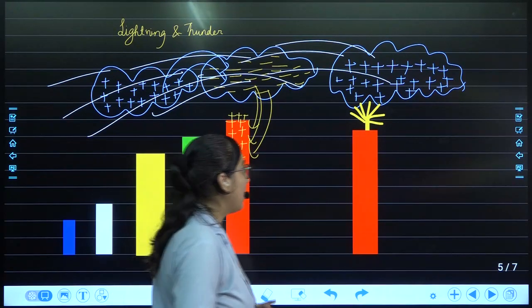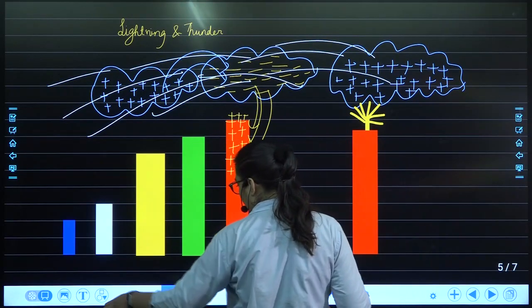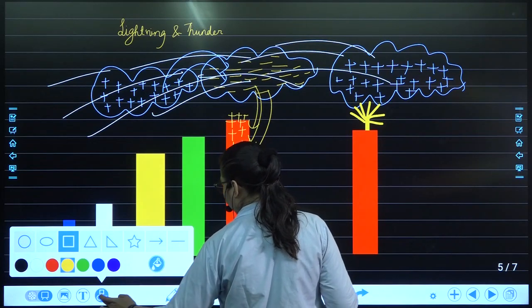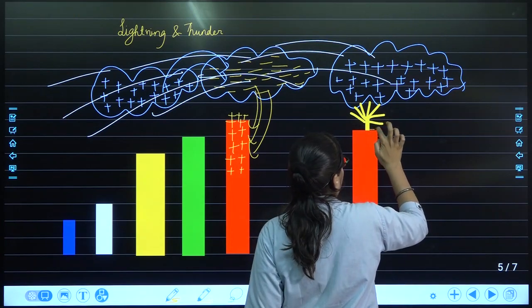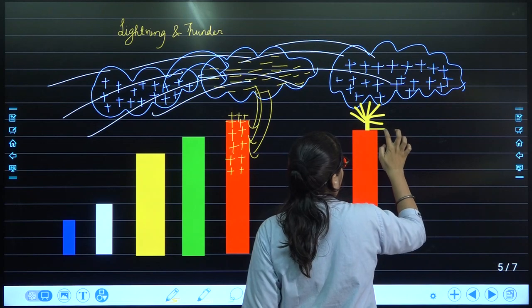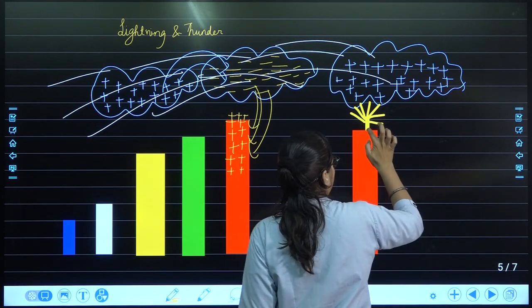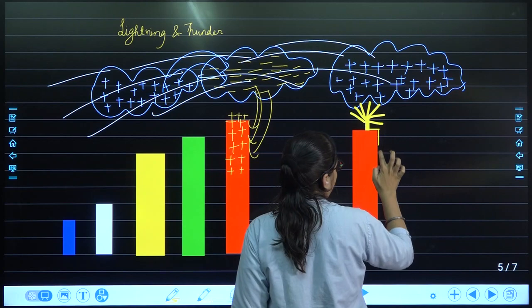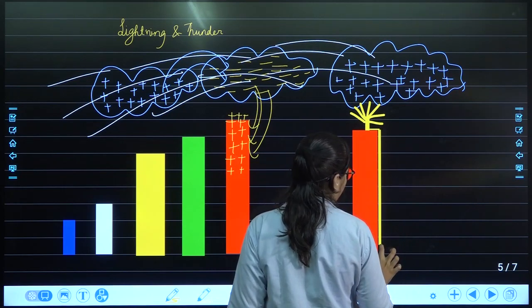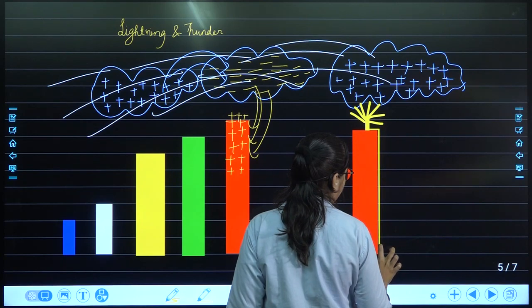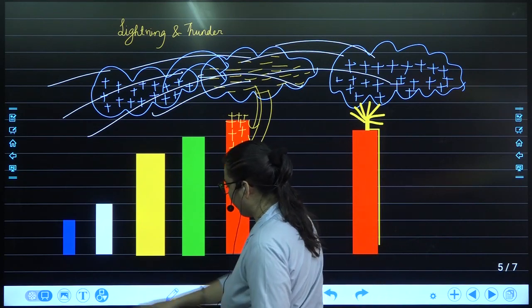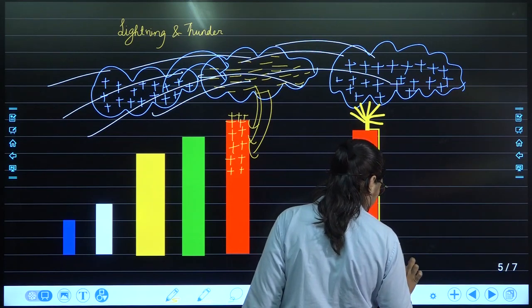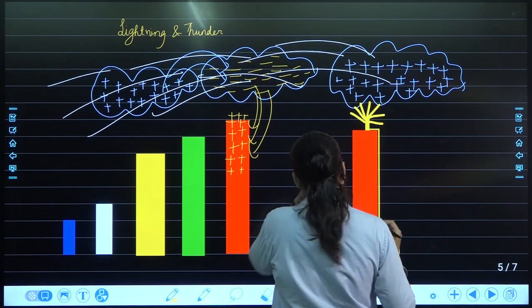These spikes are having the connection directly at the bottom over here. At the bottom, here it's connected directly with earth.